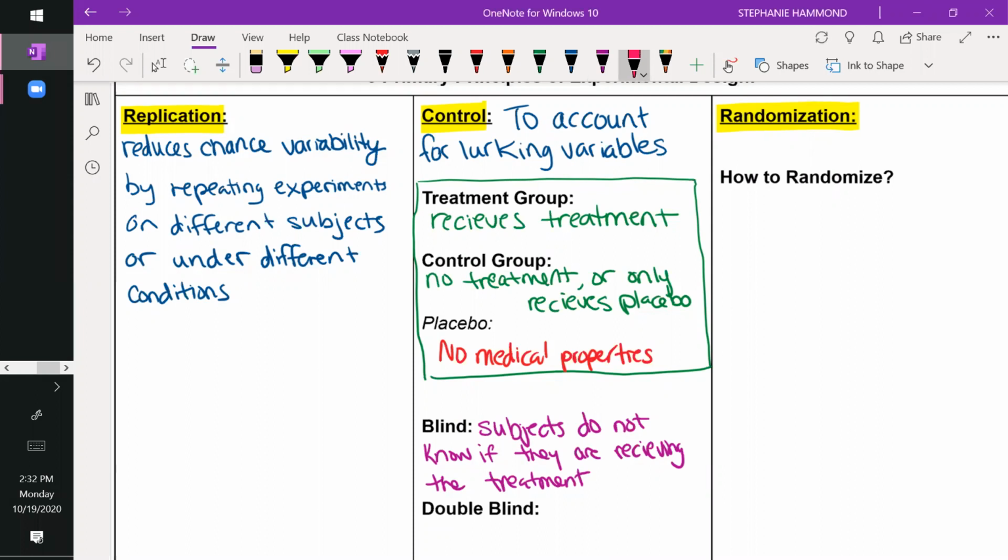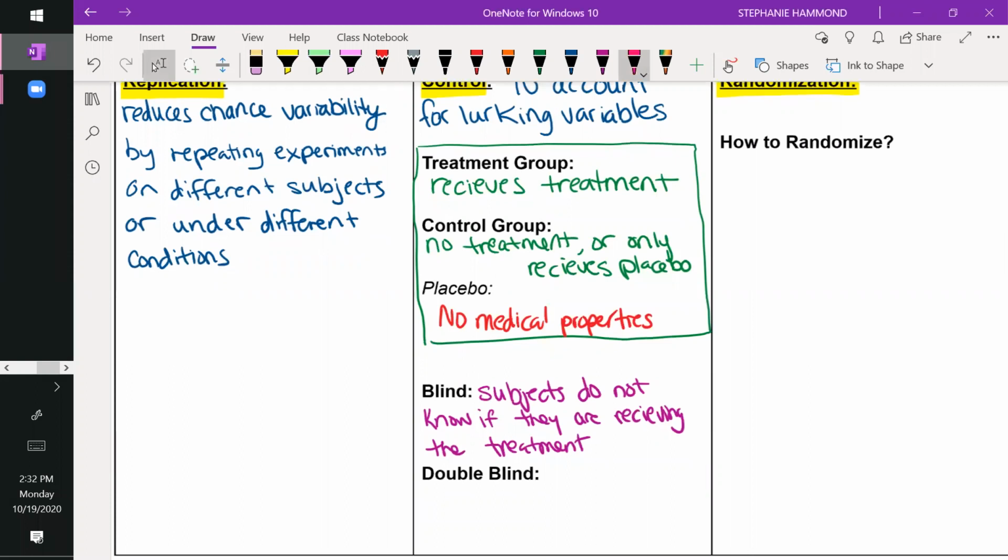In a double-blind experiment, not only do the subjects not know who has the treatment, but neither do the experimenters. Subjects and experimenters do not know who has the treatment.